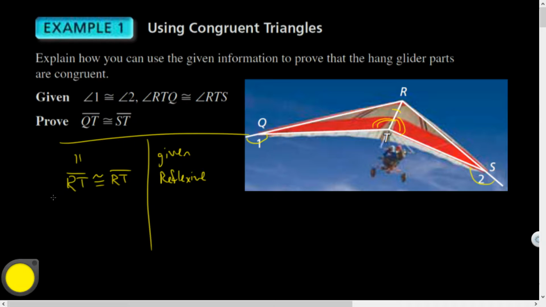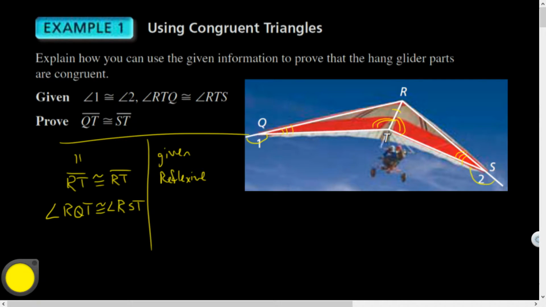I think I can say that angle RQT is congruent to angle RST. I'm arguing that this angle and this angle are congruent.